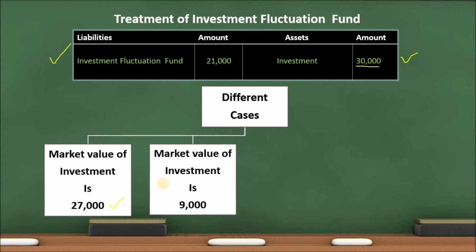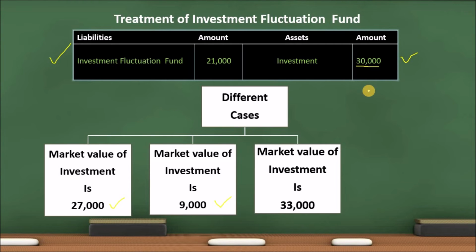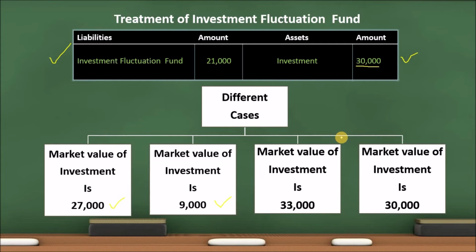Second case is when the market value of investment is much less. Again, the book value is 30 and the market value is very low. Then the third case is when the market value of investment is 33,000, that is more than the book value. And the last case is when the market value of investment is the same as the book value.